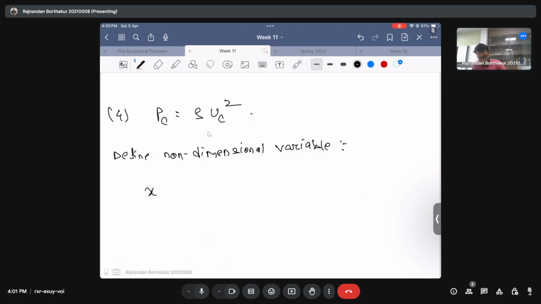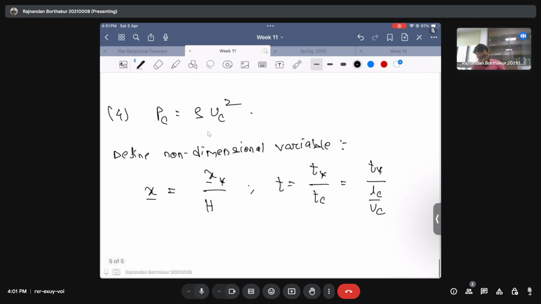So my non-dimensional x vector, x bar, is my dimensional x vector by h. My non-dimensional time is t star by tc, and we know that tc is lc by uc, so it is just t star by lc by uc.